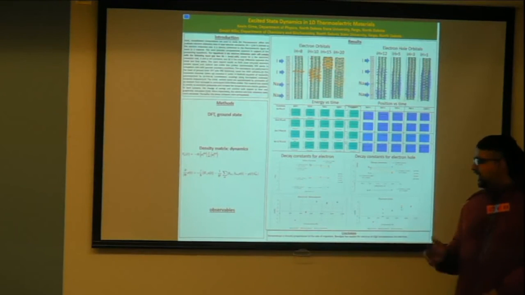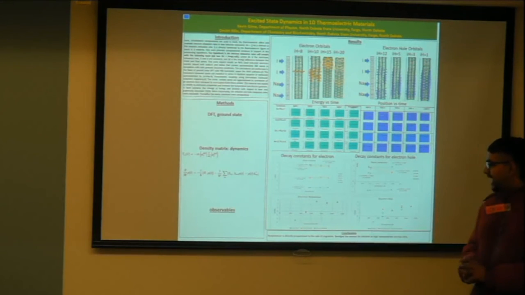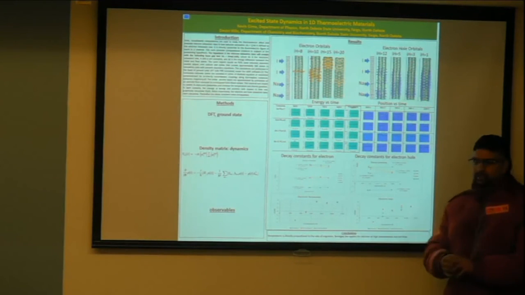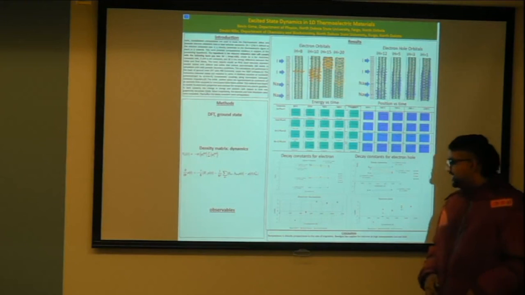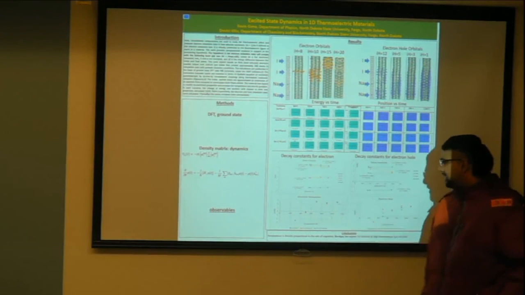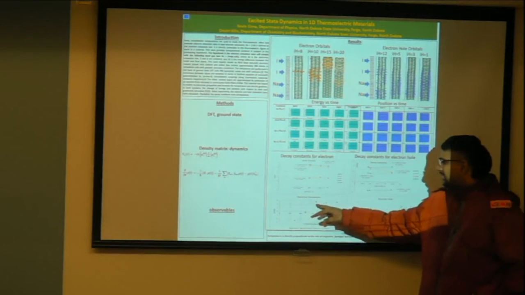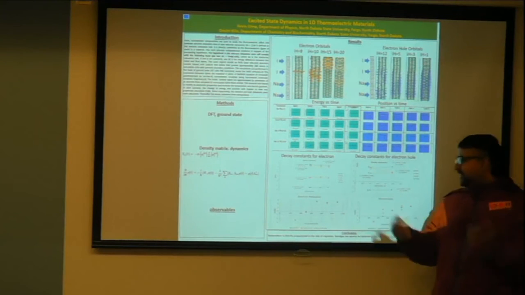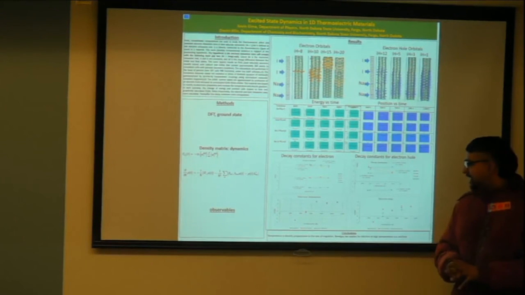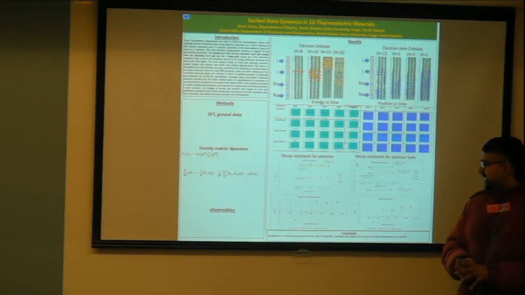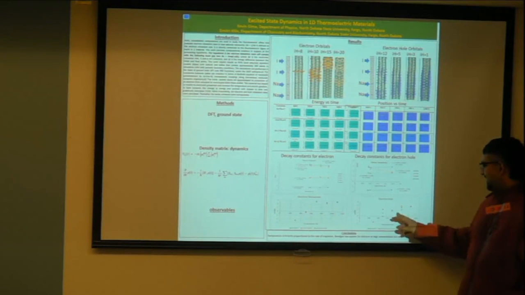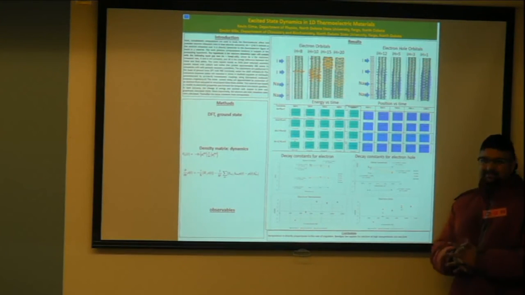And then, Professor, you suggested that I make these graphs just to explore how the electron relaxation rates and electron hole relaxation rates change with temperature. To me, it doesn't seem that there is much difference. For these data points, they almost overlap. They're practically the same data points. So it doesn't seem to me that there's much change with temperature for the electron, but for the electron hole there might be a little bit of a difference.